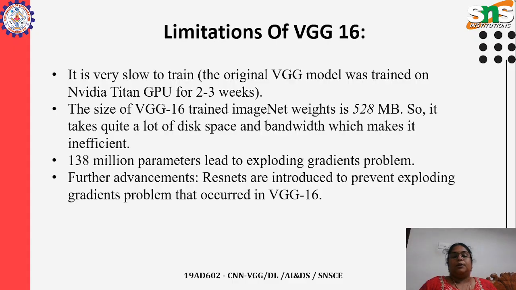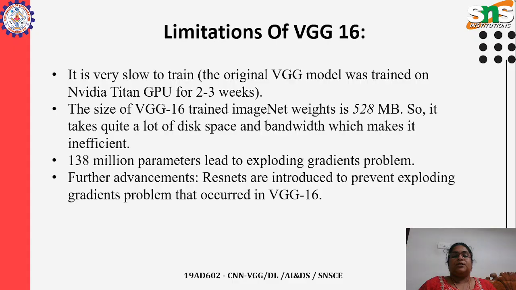And this model has some limitations. It is very slow to train because it has a very large dataset and can do 1000-class classification, so obviously the network will be slow. The original VGG model was trained with NVIDIA Titan GPUs for 2 to 3 weeks.